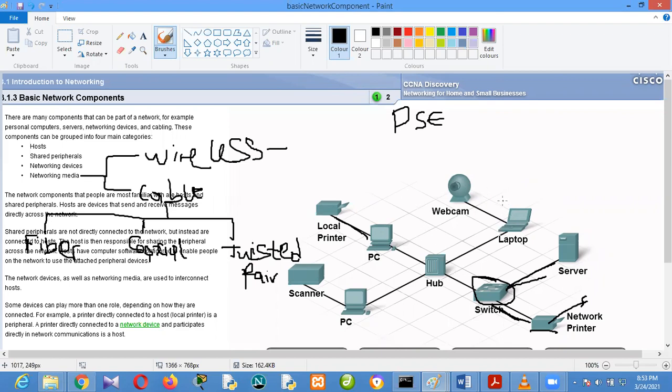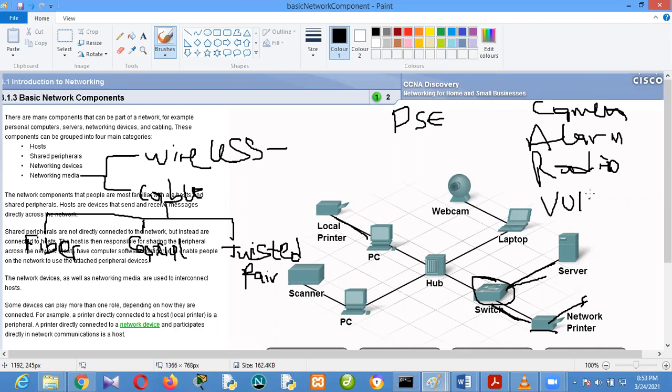Now, equipment like cameras, alarms, and radios, and even voice over IP phones.